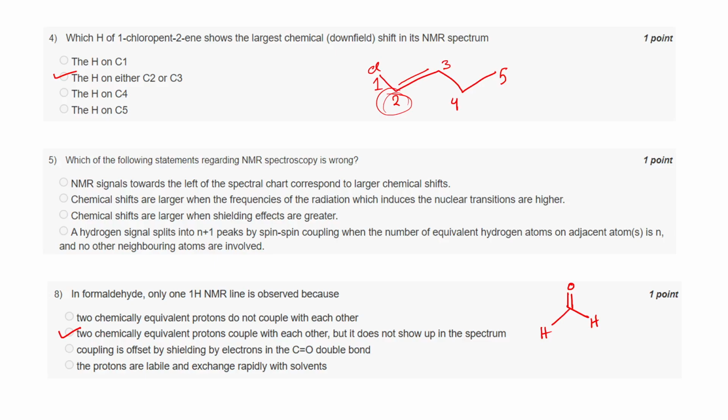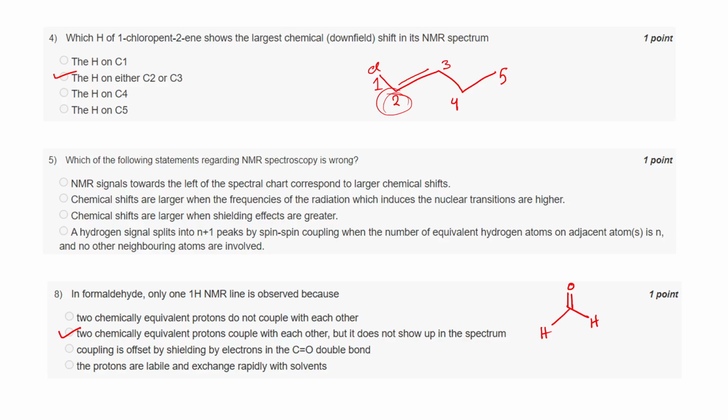If it is carbon, then what would it have been? In place of proton, carbon also has spin half. Now think of deuterium. Suppose we are doing deuterium NMR, not proton NMR. Then what would have happened? How many peaks?